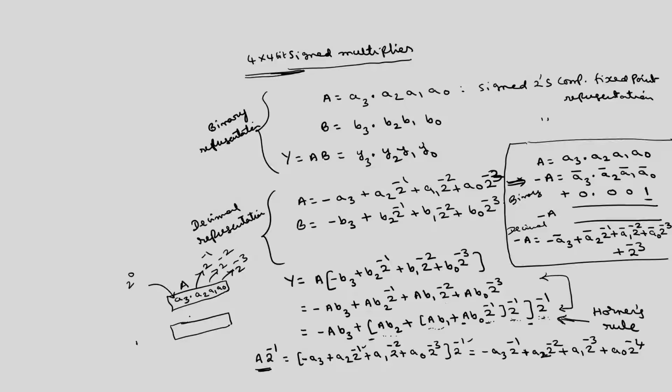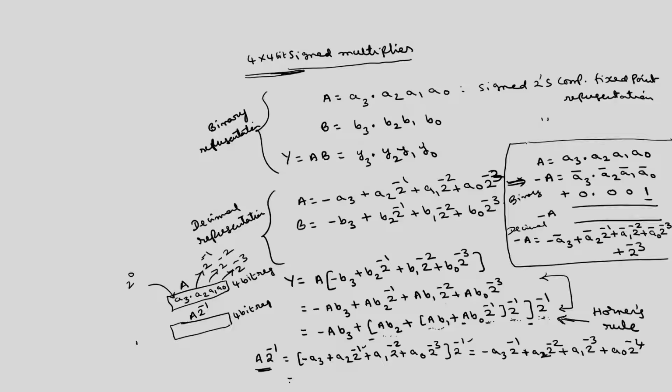But I want to store A into 2 raised to the power of minus 1 also in the 4-bit register. So, what is expected? There will be a sign bit followed by 3 bits with weights of 2 raised to the power of minus 1, minus 2, minus 3. So, there is no question of minus 4.